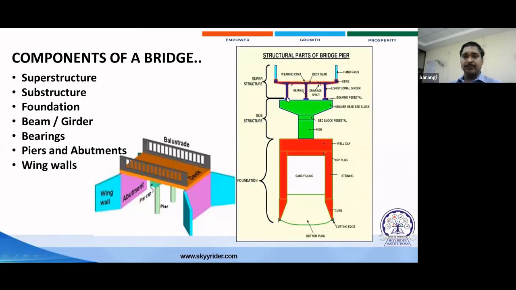Here the bearing acts as a joint like a roller support or pin support. Here the bearing is a roller support to the girder, and above the girder, connecting the girders, the slab is called the deck slab. And above the deck slab, a wearing coat is provided for the protection of the deck slab and for smoothness while riding over a bridge.